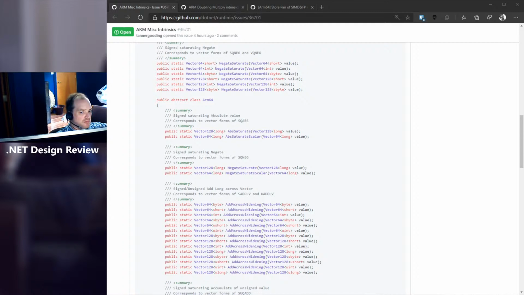And then there's add across widening, which just adds across. Returns... I think I messed up the return type.